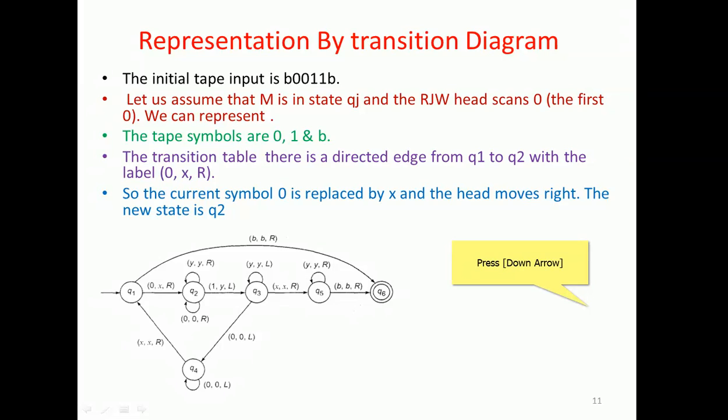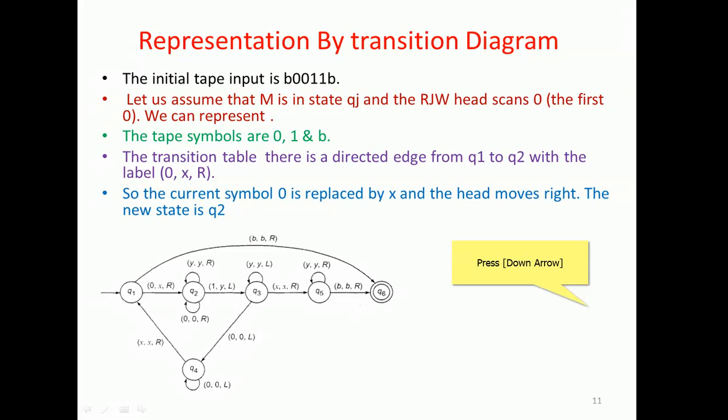If y is there, then it reaches blank, comes to Q6, the final state, and terminates, that is accepting, a halting situation. This description is given by the transition diagram. We will solve some more problems.